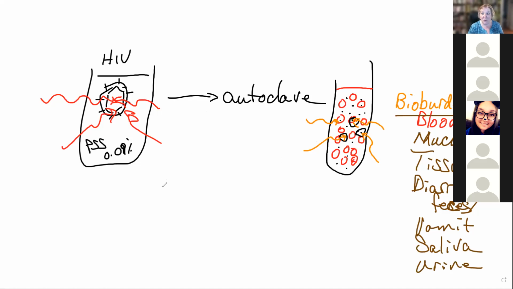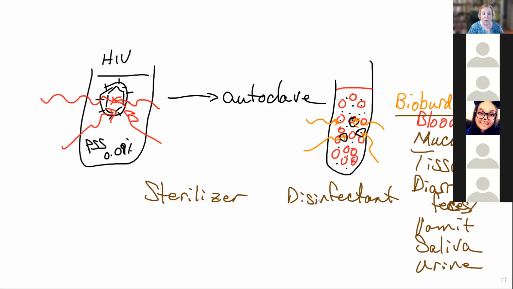And next time, when we get to chemical methods of control, the difference between a chemical sterilizer and a chemical disinfectant is often a difference of time, making sure that you do it long enough to get through the bioburden.